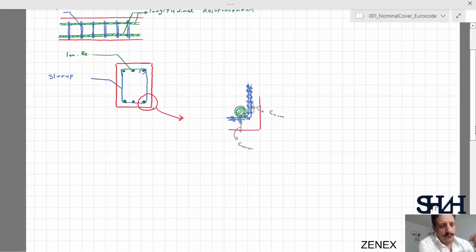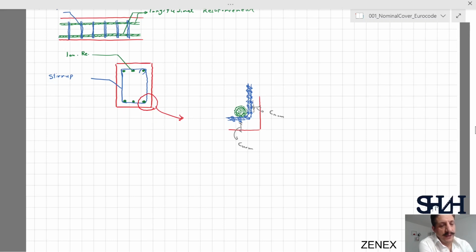And according to Eurocode, or any other codes, we need to provide sufficient distance for this cover to ensure that the reinforcement is not harmed by any other issues like environmental action.